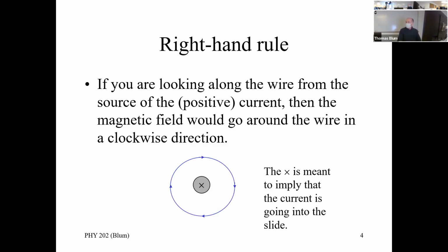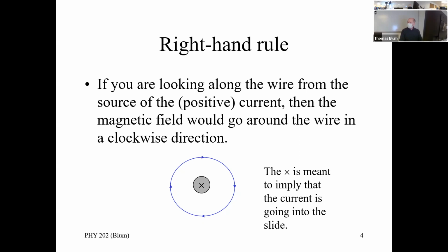The direction of the circle, clockwise or counterclockwise, depends on the direction of the current, and that is given by the right-hand rule. If you stick the thumb of your right hand in the direction of the current, then your fingers curl around the direction of the field. This gray circle with the X is a wire, and the current is going into the slide.